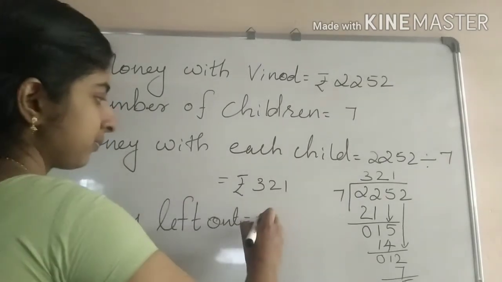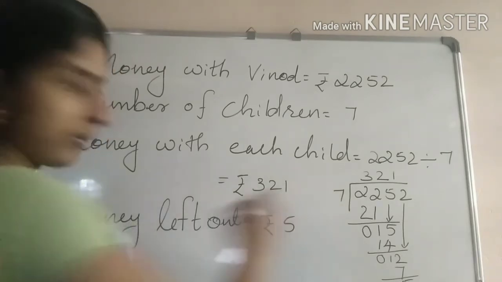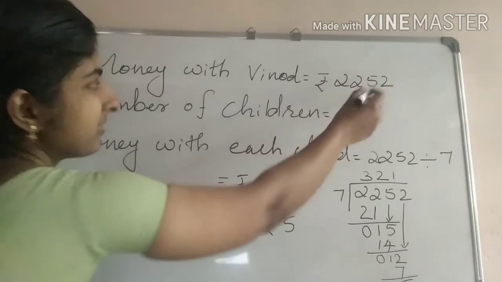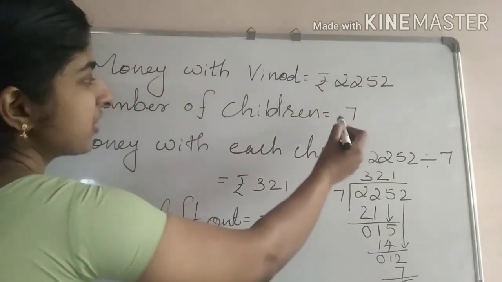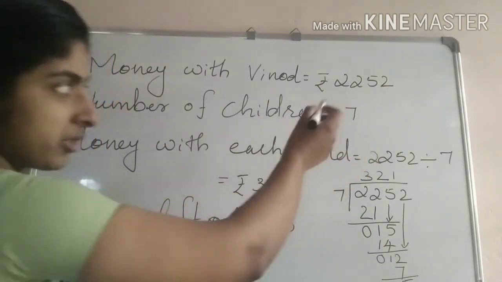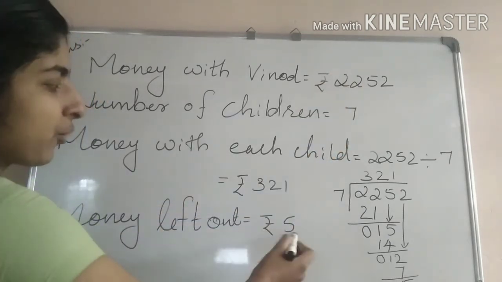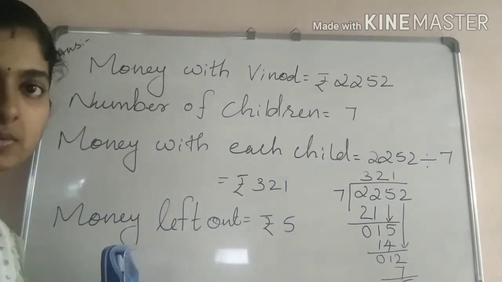Okay, here the total amount is this one, Vinod's share divided equally among 7 children. After sharing, only 5 rupees balance.